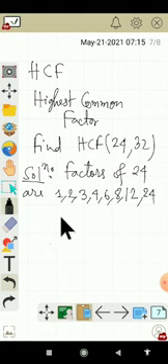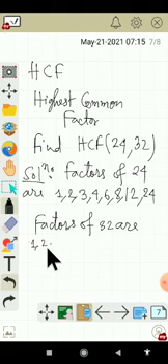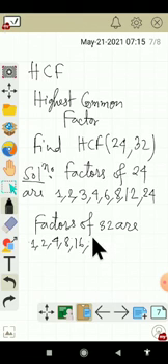Now factors of 32 are 1, 2, 4, 8, 16, 32. So these are the factors of 32.